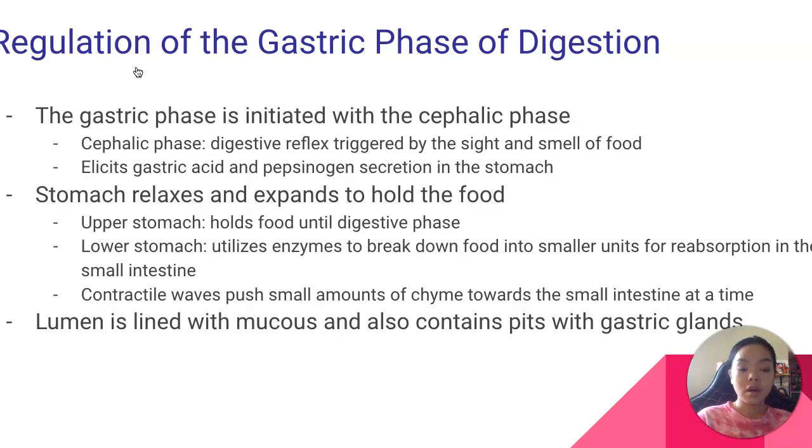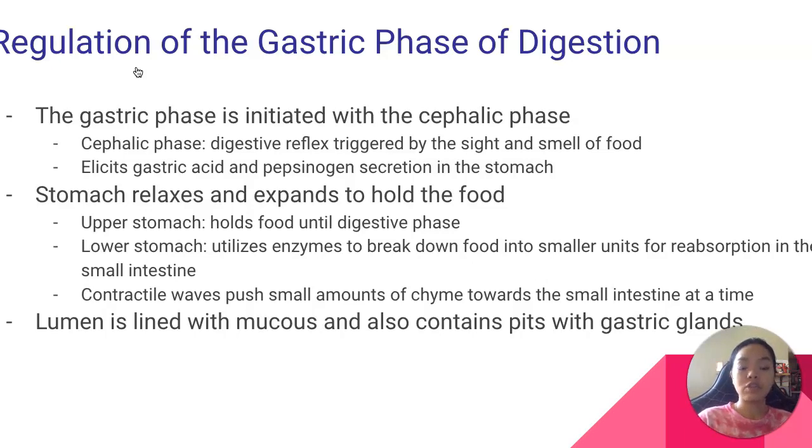The stomach relaxes and expands to hold food, and it is essentially divided by its function. So the upper stomach holds food until it is ready for digestion, and then the lower stomach is responsible for digestion. So it utilizes enzymes to break down foods into smaller units so that it can be absorbed in the small intestine.